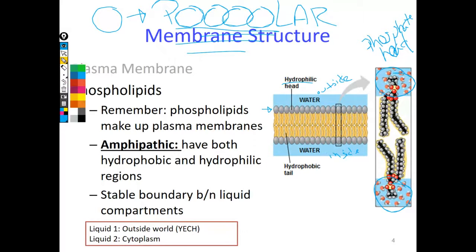Conversely, we have our lipid tail, right? That's this business here. These are made of hydrocarbon chains. There's no oxygen on these guys, right?